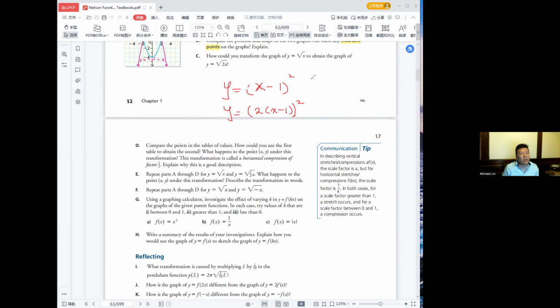Okay, so this horizontal transformation, stretch or compression, always has to be within your function. So in this particular case, it's a parabola, so I have to put it inside my brackets with the square.